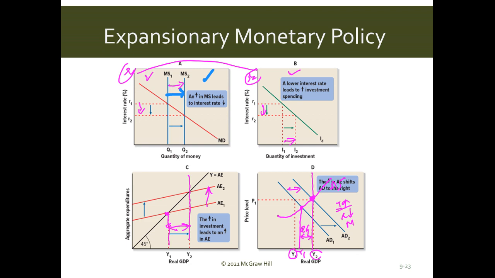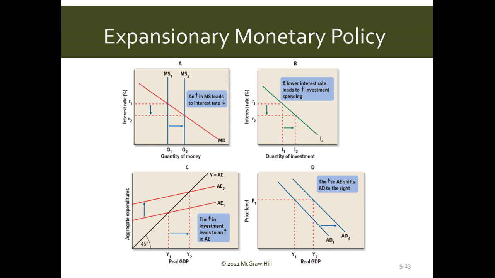So this is expansionary policy. But notice one thing. There's one problem with this expansionary policy. The problem is that we have unemployment in the country. But if you shift the aggregate demand curve to the right, earlier you were here. So this was the price.